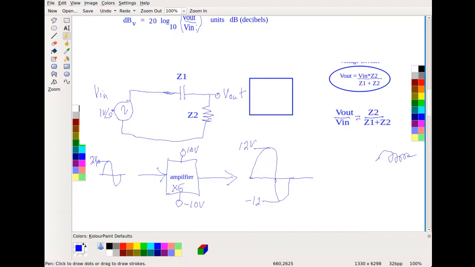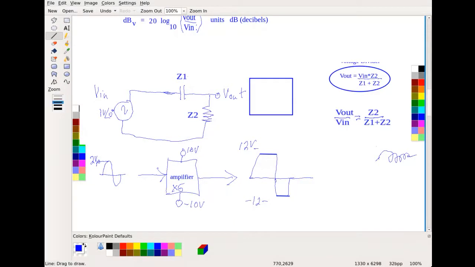And so what happens is it's getting saturated. This bit here is getting cut off, and instead of having a nice sine wave, these bits are getting cut off, and I'm getting this out.